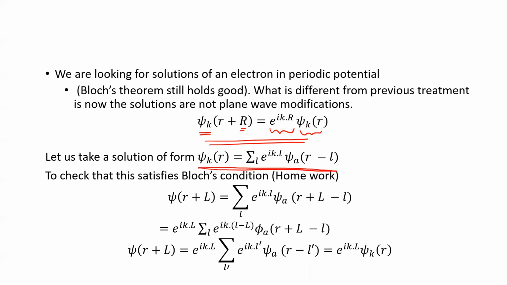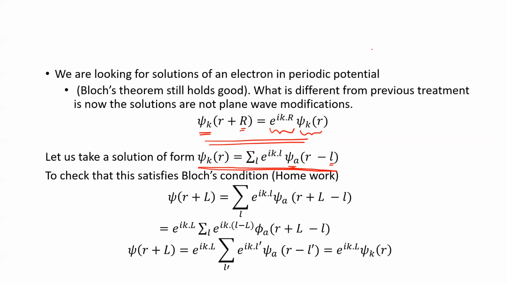What it means is psi A were atomic orbitals, atomic wave functions as we saw previously, right? So I am going to take that the electron wave function in a periodic lattice is a summation of the wave functions which are just lattice translated. L is some lattice translation, right?